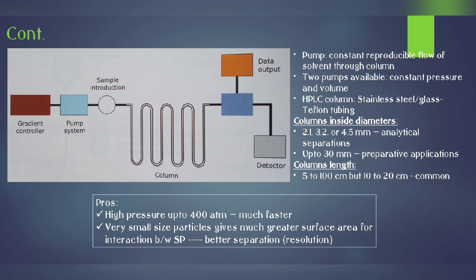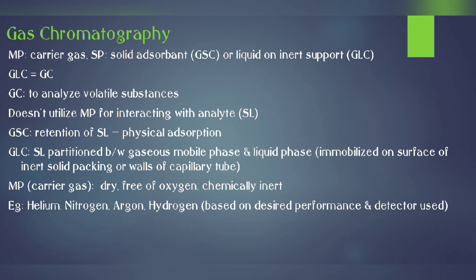For length, mostly 10 to 20 centimeters is preferred, with high pressure up to 400 atmospheres. It moves fast as I told you earlier, and very small particles are also separated, which gives higher resolution, which forms the advantages of HPLC.